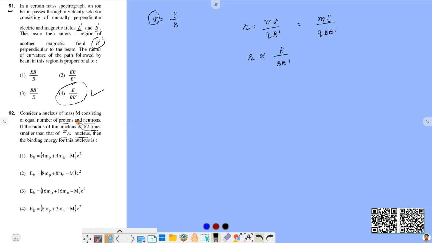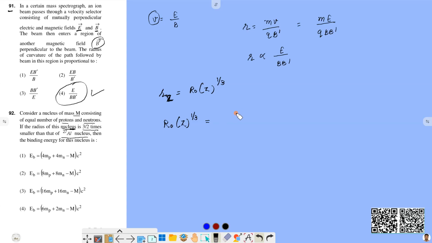Now regarding the radius, we have a relation. We know that the radius with mass number A is equal to r naught times A raised to power 1 by 3. Suppose the mass number for the nucleus in question is A, so we can write that its radius will be r naught times A raised to power 1 by 3, and this is 3 by 2 times smaller than that of aluminium.